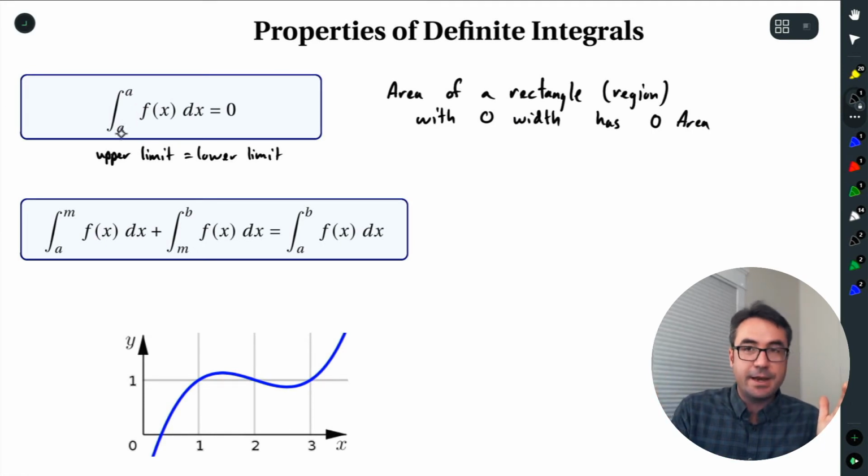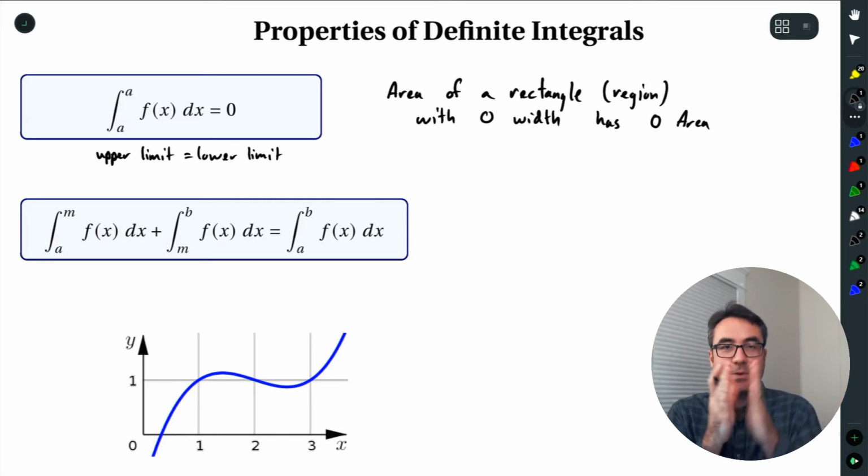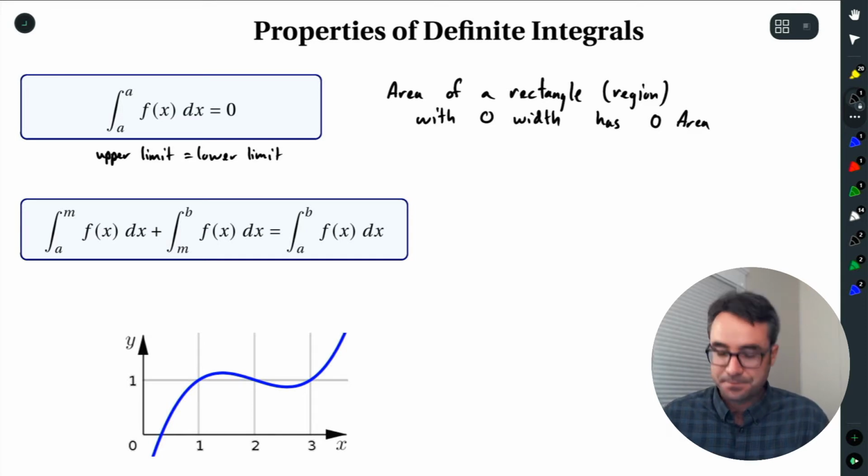So if we're starting at a and integrating till a, we haven't gone anywhere. It's the same starting and ending point, so our width is 0. So the area of a rectangle, or really a region with 0 width, is 0. So that's what this definite integral property says.